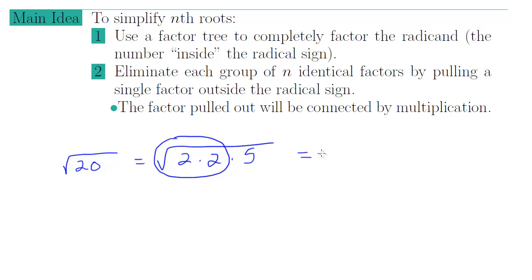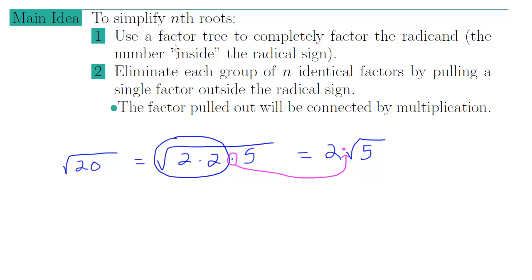So this root of 2 times 2 is going to become a single 2 outside of the radical, and then we still have root 5 left. There's a product between the 2 and the root 5. The factor pulled out of the radicand will always be connected by multiplication.